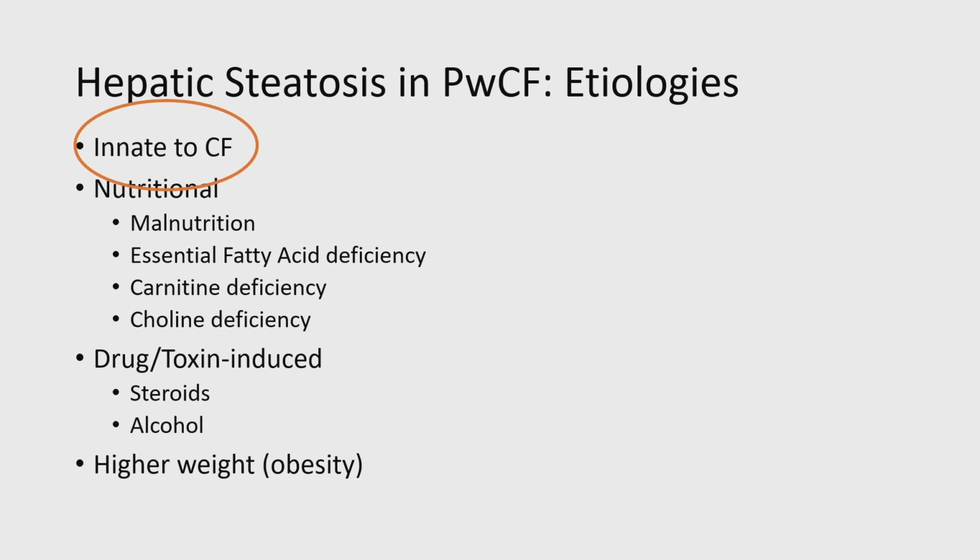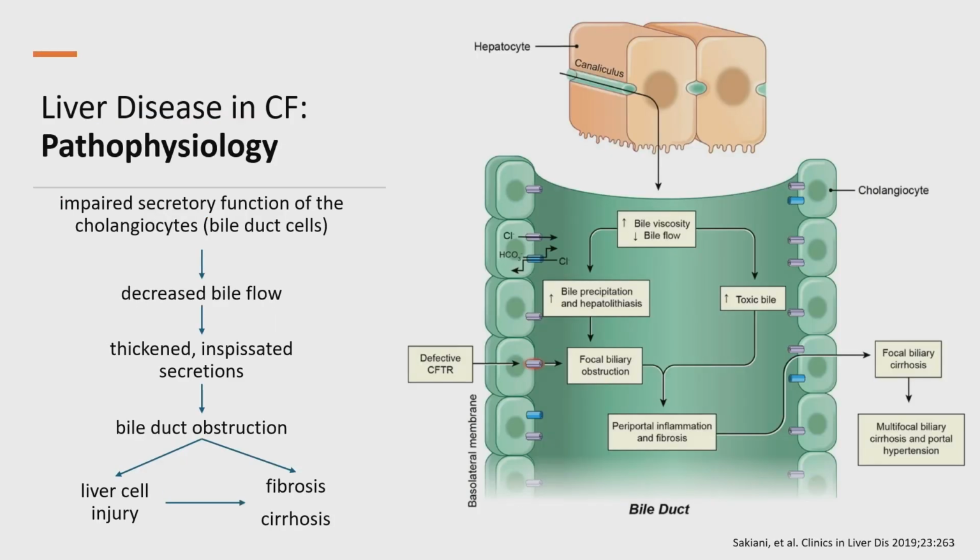So let's turn and look at what is innate to cystic fibrosis. We've seen earlier in the talks about the pathophysiology of disease in cystic fibrosis. This is a classic description of what occurs within the liver, where you have the CFTR present on the cholangiocytes.